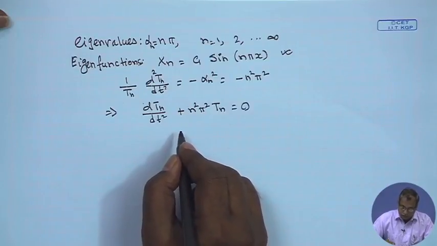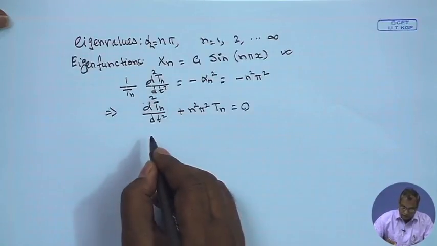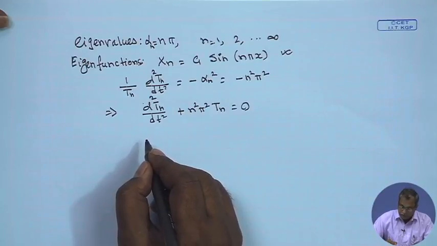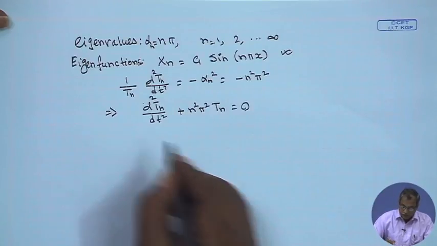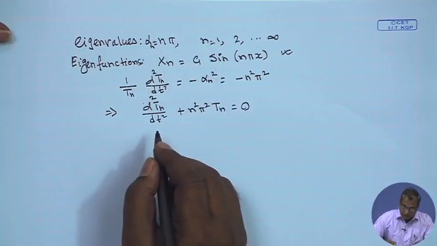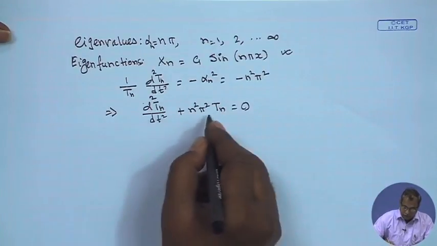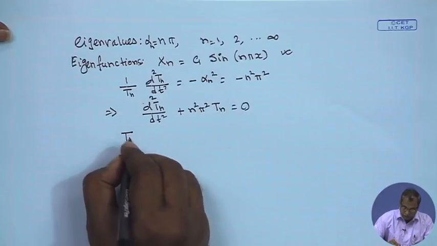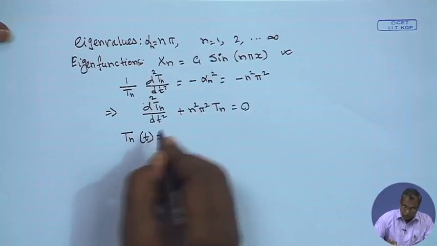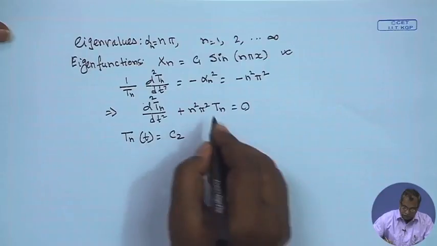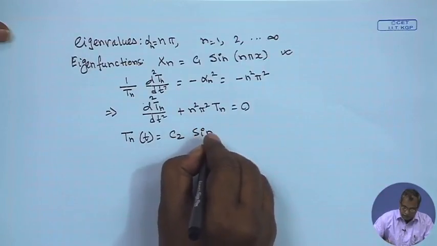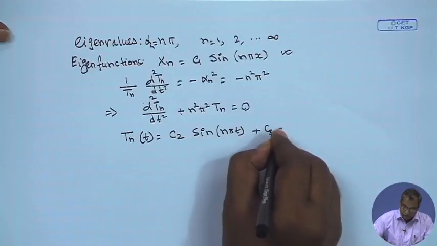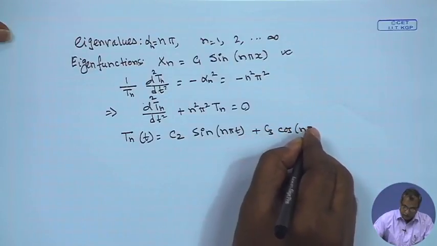So, this is d square T n by d t square plus n square pi square T n is equal to 0. As we have seen earlier, the solution of this equation will be a combination of sine function and cosine function. So, T n of t will be, let us say, C 2 sin n pi t plus C 3 cosine n pi t.